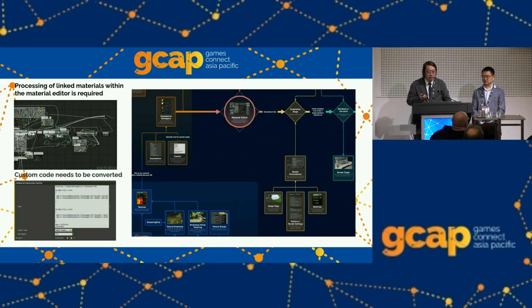As shown in the figure above, materials from game projects are very complex, with custom node connections and custom HLSL code nodes. Therefore, to achieve the same effect between the engine and the external differentiable renderer, it is necessary to translate the engine material to the external differentiable renderer and achieve the same computational effect.